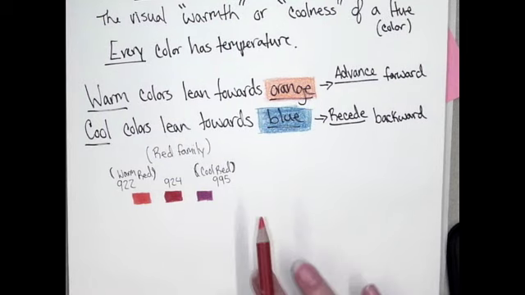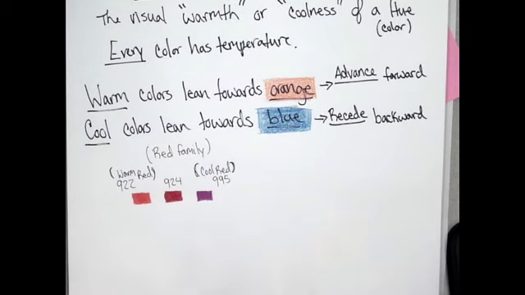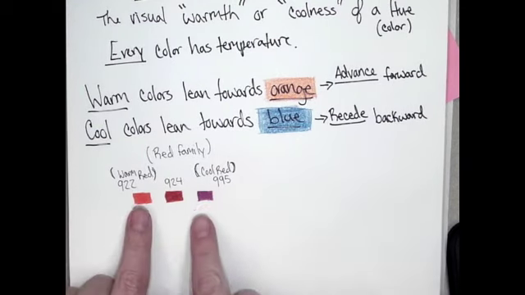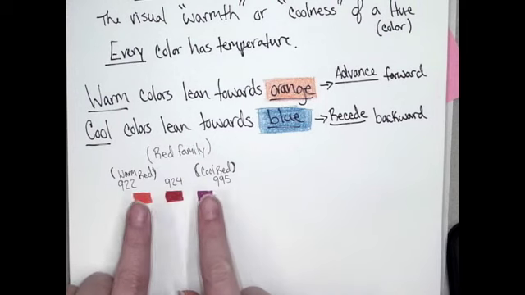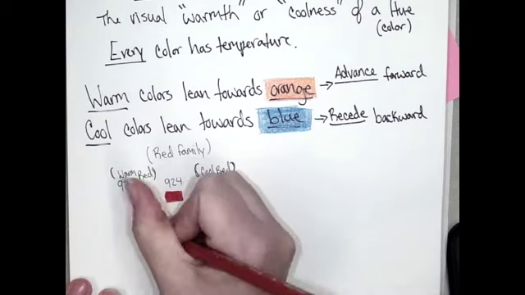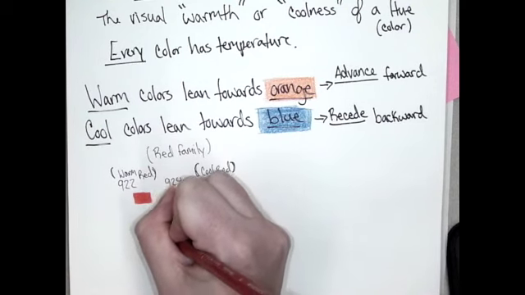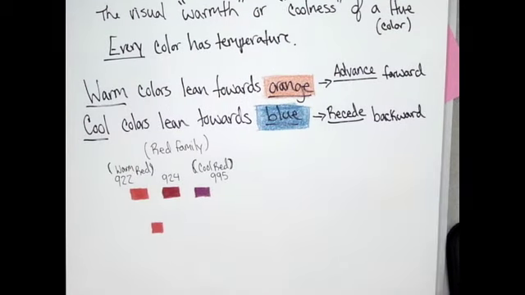We can test the temperature of colors in relationship to each other by creating visual illusion squares. So we're going to do this with the two temperature colors. And if you don't have these colors, it's okay, you can just watch.